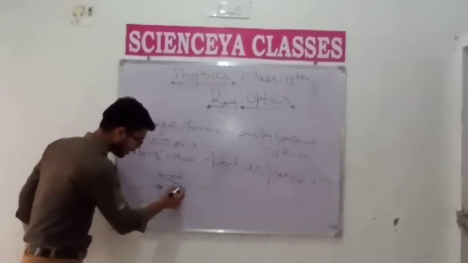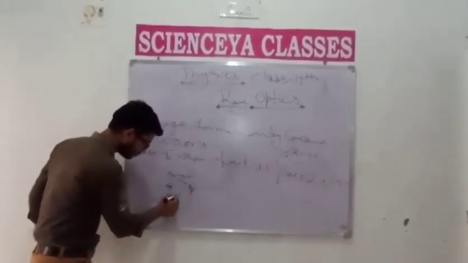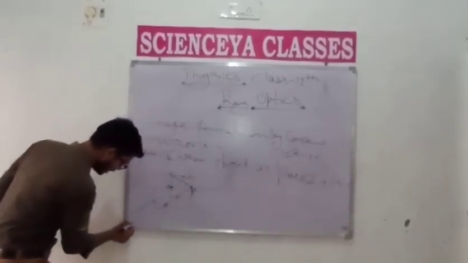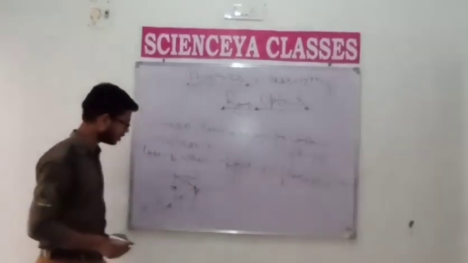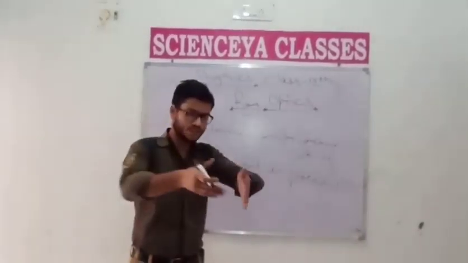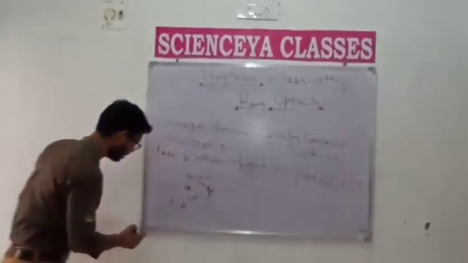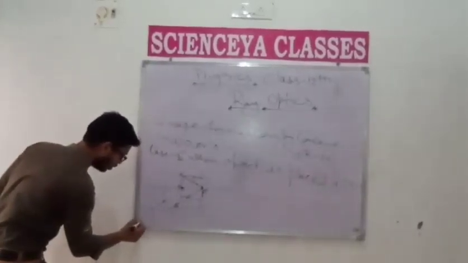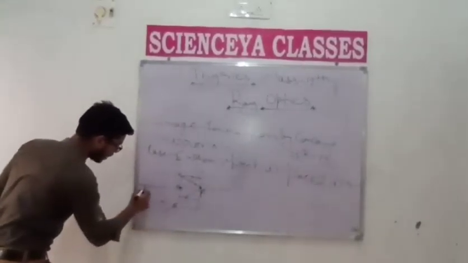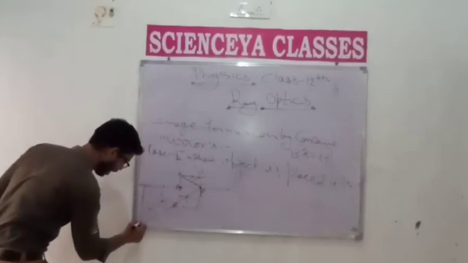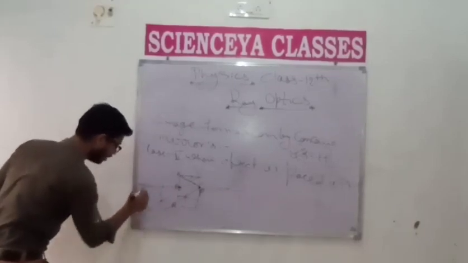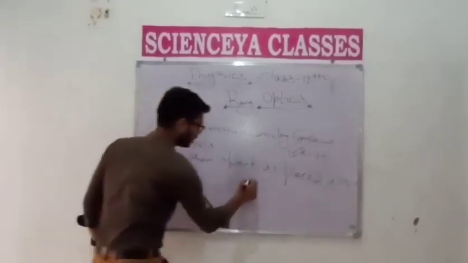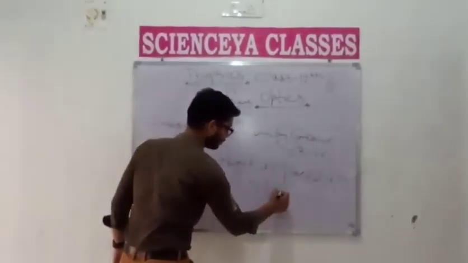So student, here the rays are not parallel to each other, but they go to infinity and meet at a certain point, and we suppose here is point P. So the height of the image is very much larger than the height of the object.